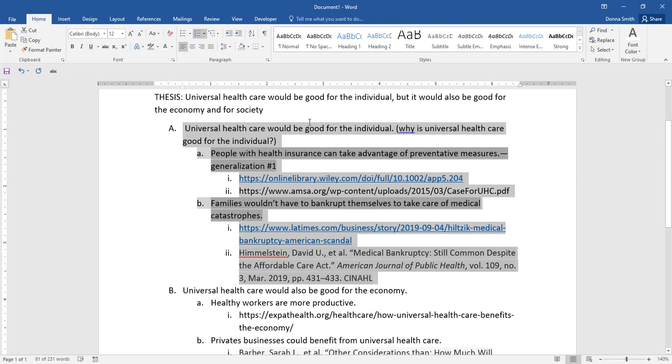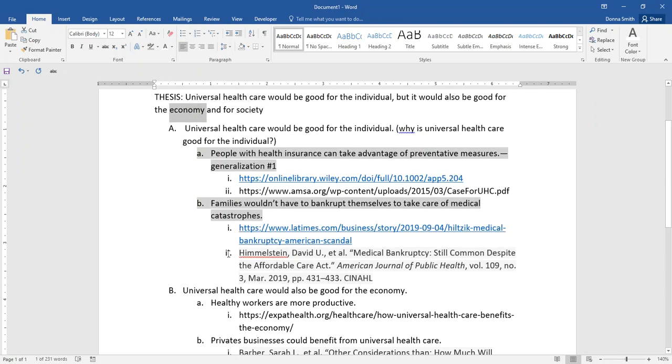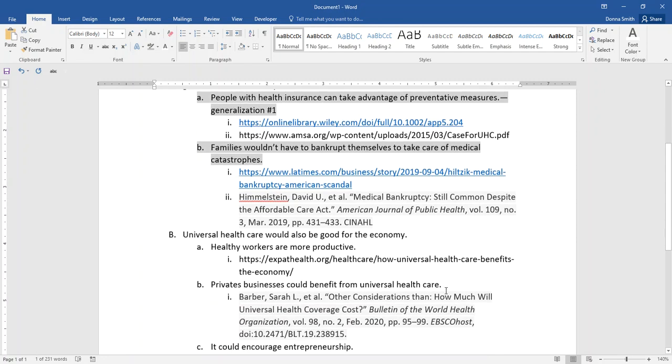Here in the thesis, I say universal health care will be good for the economy. Here in this topic sentence, I say universal health care would also be good for the economy. Why? Well, healthy workers are more productive. They don't take sick leave as often.